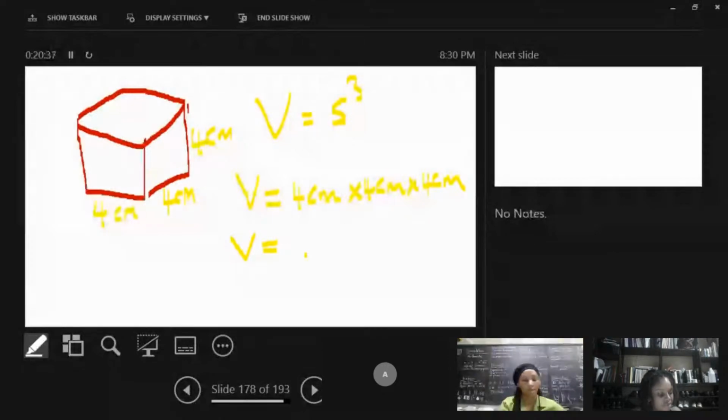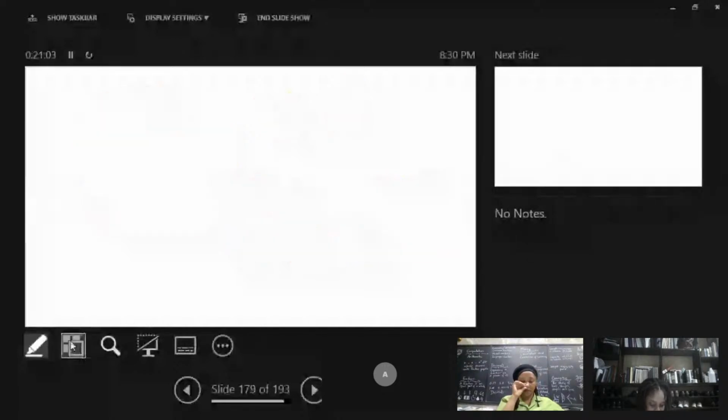So 4 cubed is 64 centimeters cubed. Because 4 times 4 is 16, and 16 times 4 is 64 centimeters cubed. Right, 64 centimeters cubed. That's correct.